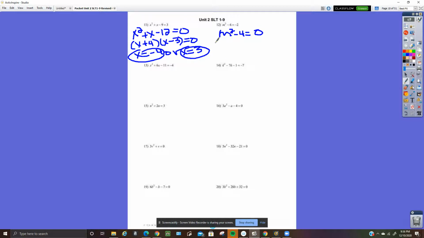This is the difference of 2 squares. That's a special case. M minus 2 and m plus 2. So m equal 2.